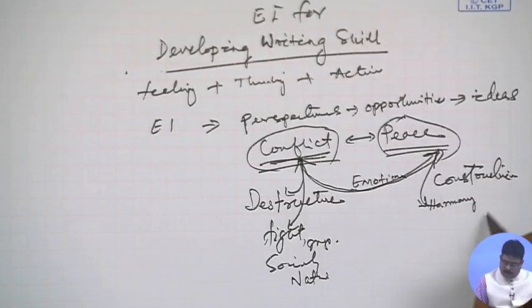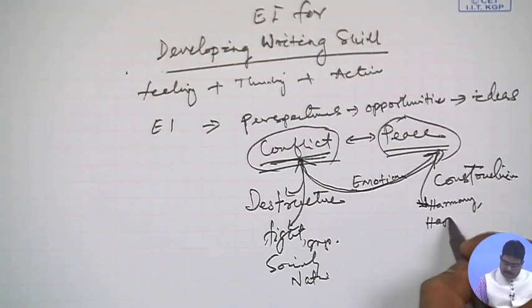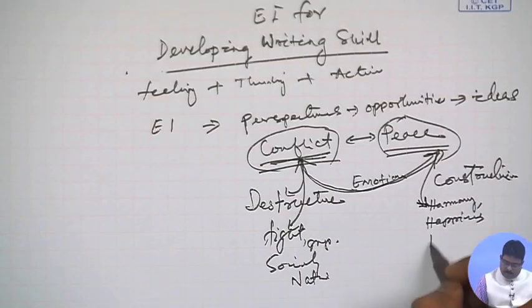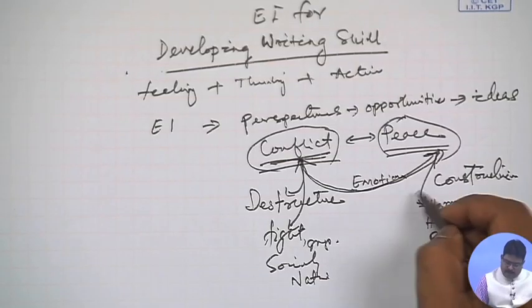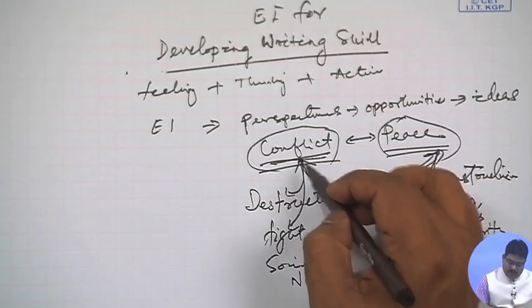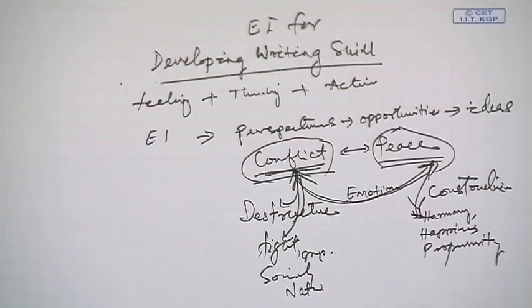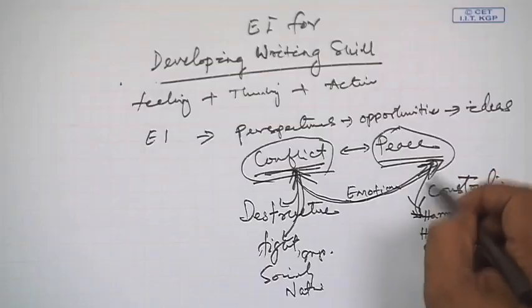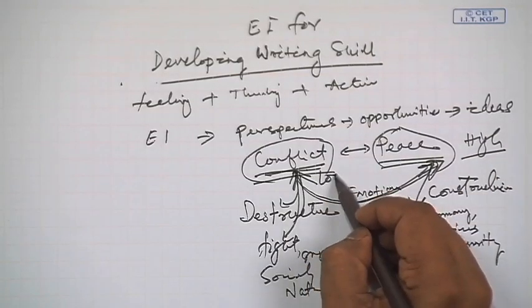This will create harmony, happiness, prosperity. So there are many positive effects of peace, but if you look into it, there are many negative effects of conflict. So when you train them to be emotionally very cautious, very careful, very concerned about others, a person emotionally, this is high EI and this is low EI.